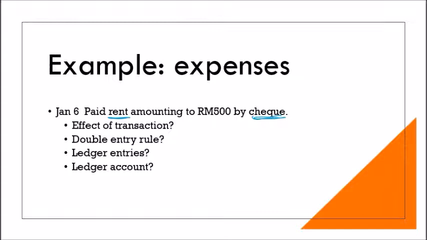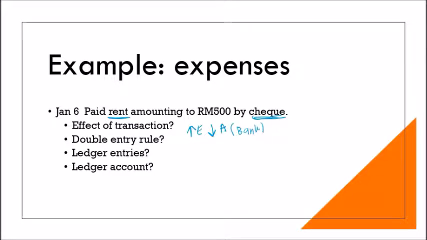So the accounts involved are expense, increased, and check, which is asset. So asset decreases. So when you pay by check, it is bank, since check is money in bank.